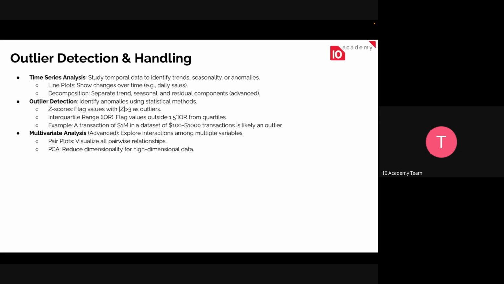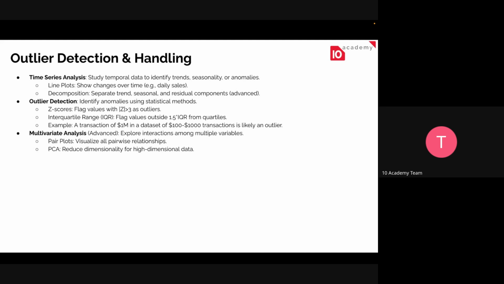So the z-score just identifies how much a data point differs from the mean value, how far apart it is. And the IQR range flags values outside of 1.5 times the IQR for quartiles.